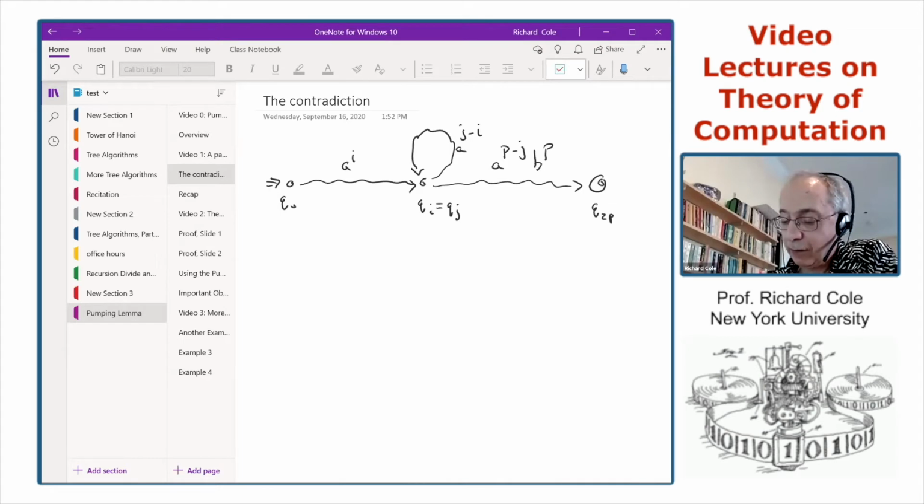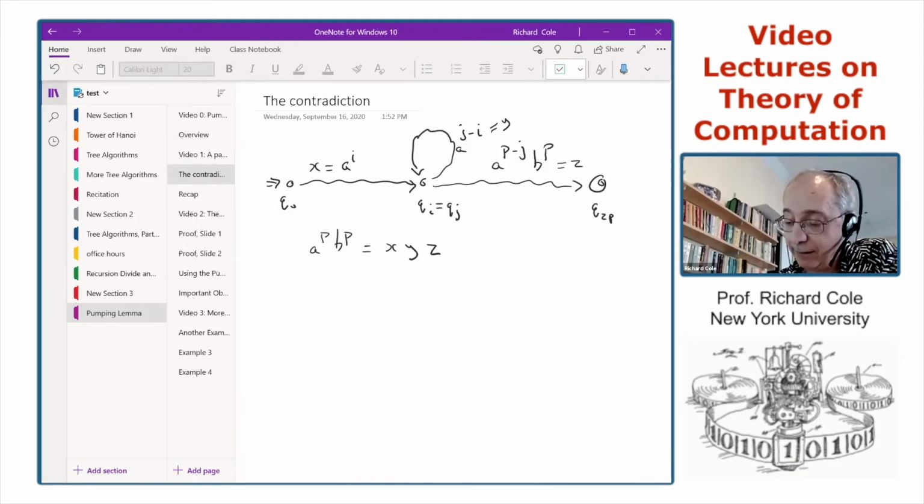And let me just give some names to these pieces of the string. I'll call the initial i A's x. I will call the following j minus i A's y, and I will call the remainder of the string z. So my string A to the P, B to the P can also be written as a concatenation of x, y, z.